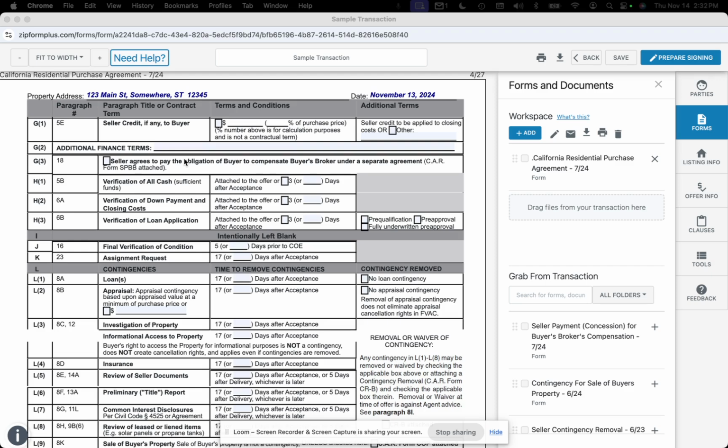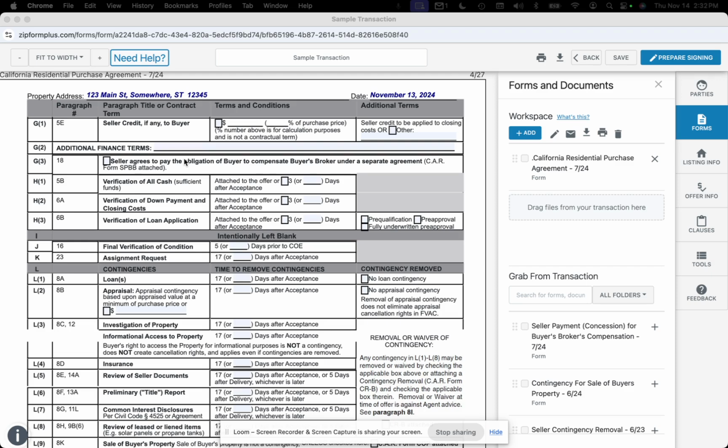If you can find a seller who's willing to compensate you and give you a credit so that they will, in a sense, pay for the buyer's agent's commission, that would be the most ideal. And just because they're not automatically paying and offering it on the MLS, it doesn't mean that sellers aren't actually willing to offer this credit or concession, if you will, or expecting to offer it.